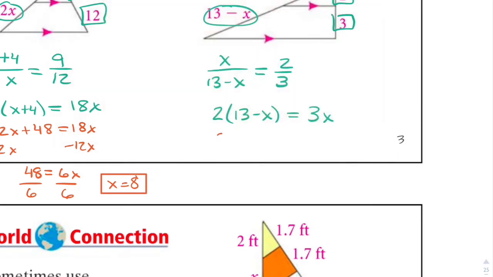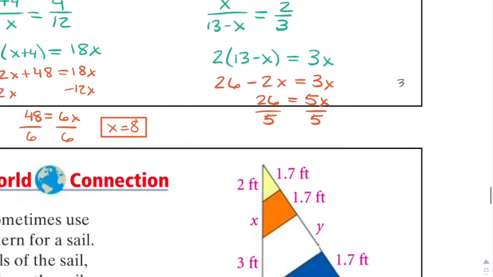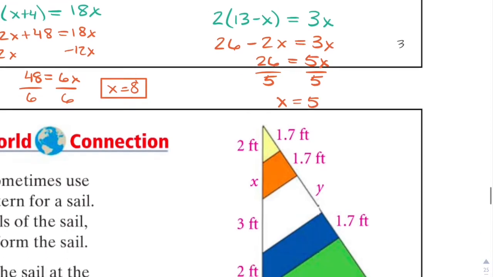Distribute, we get 26. Did I do that right? Yeah. 26 minus 2x equals 3x. Add 2x to both sides. We get 5x divided by 5. X equals 5.2.